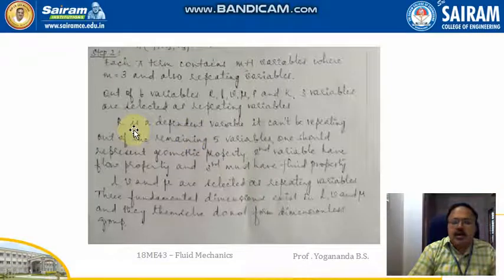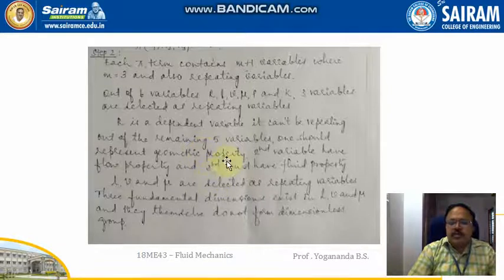Since R is a dependent variable, it cannot be repeating. Out of the remaining 5 variables, one should represent the geometric property, the second should have the flow property and the third the fluid property. Out of these 5 variables, that is L, V, mu, rho and K.